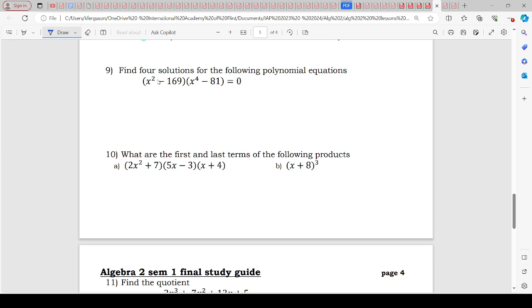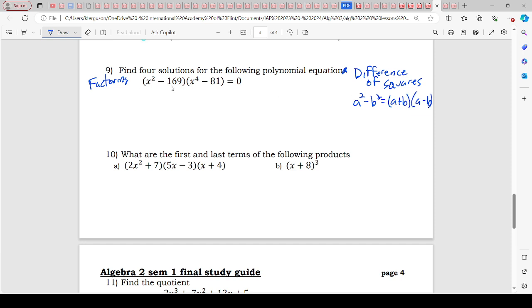Find 4 solutions for the following polynomial equations. Well, equation really. So what do we got? What this involves is factoring. It also involves the difference of squares, which is a squared minus b squared equals a plus b times a minus b.